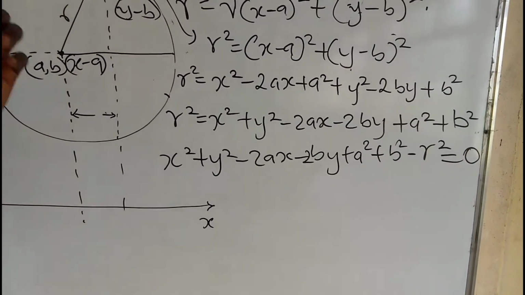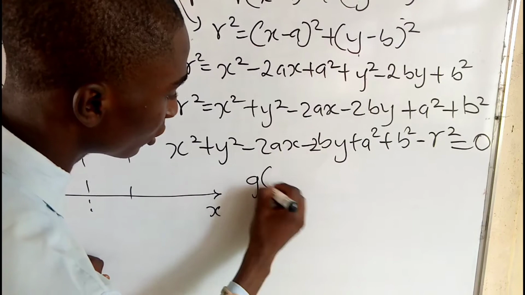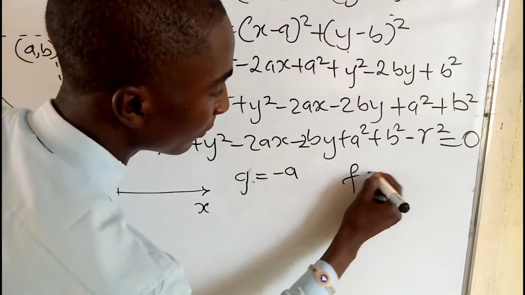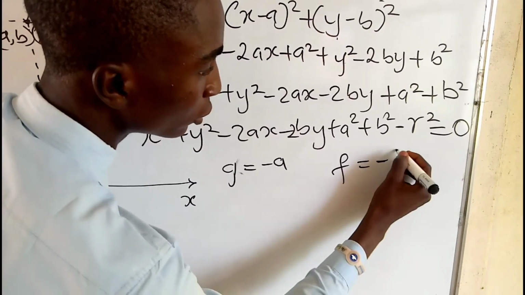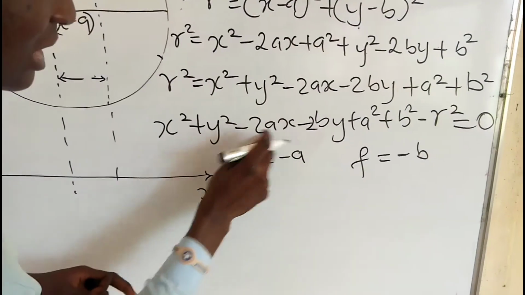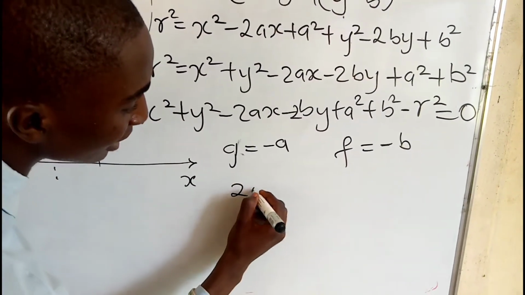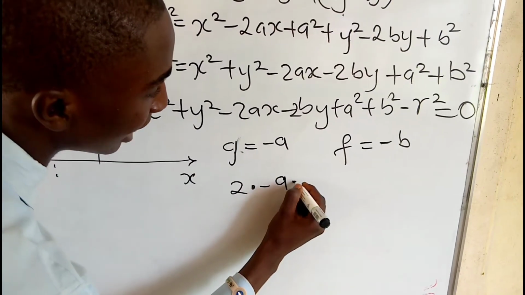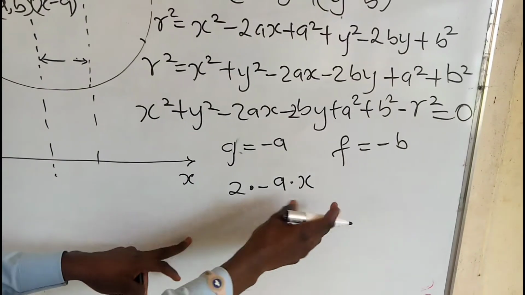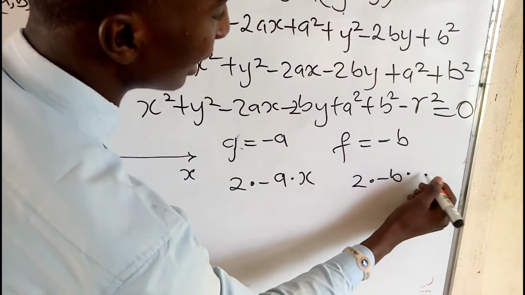Now the final step we have to take is that we make g equal to minus a and f equal to minus b. Anywhere we see minus, remember this minus 2ax is the same thing as 2 times minus a times x. So the a is carrying the minus, the same as 2 times minus b times y.